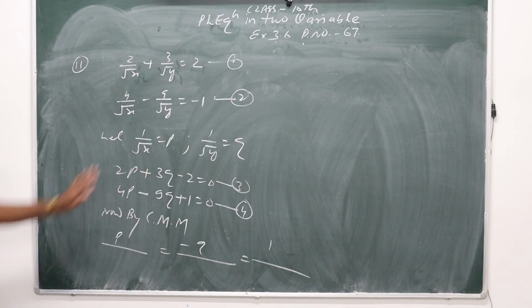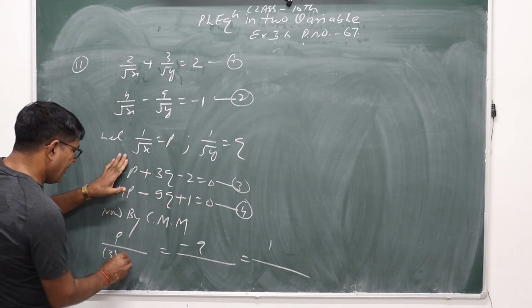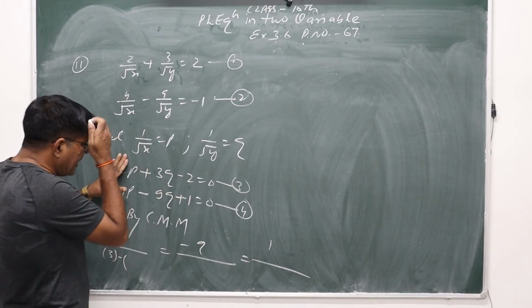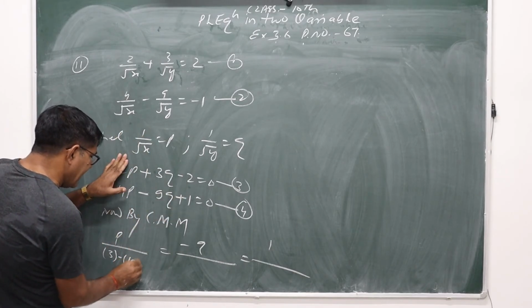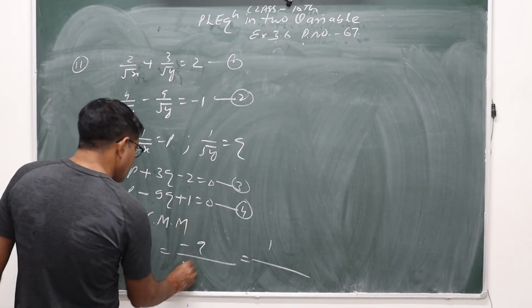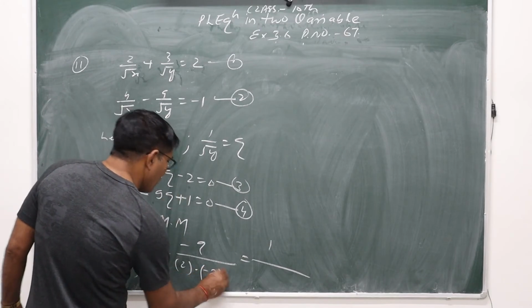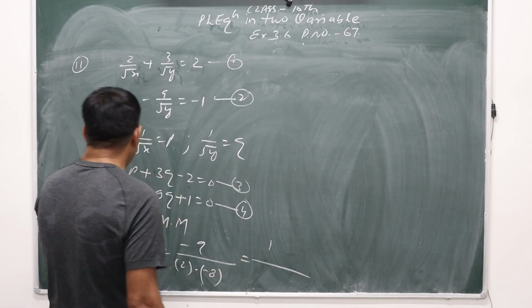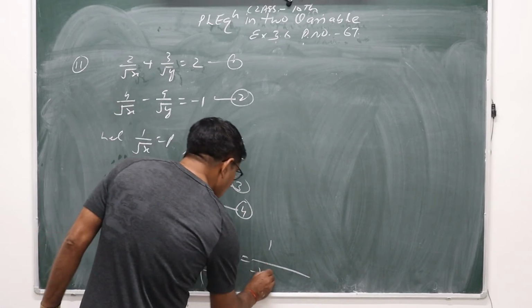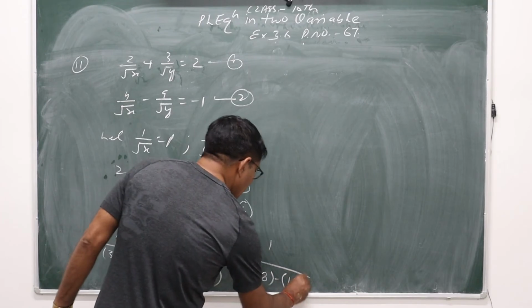जब p के लिए सॉल्व करेंगे तो p के कोएफिशिएंट को हाइड करना, 3 into 1 that is 3 minus of minus 9 into minus 2, तो ये plus of 18 हो जाएगा. Then q के लिए सॉल्व करेंगे तो 2 into 1 that is 2 minus of 4 into minus 2 minus of 8. 1 के लिए सॉल्व करेंगे तो 2 into minus 9 minus of 18 minus of 4 into 3 that is 12.